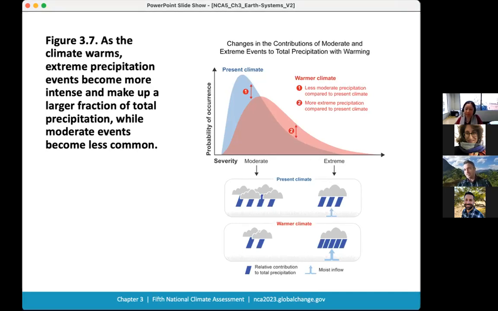So this is one of those consequences of climate change that we have pretty high confidence in the mechanisms for what's driving it, and why we are seeing and would expect to see even more intense rainfall events in the future in terms of the frequency of the different types of storm types that we get over time. Next slide.